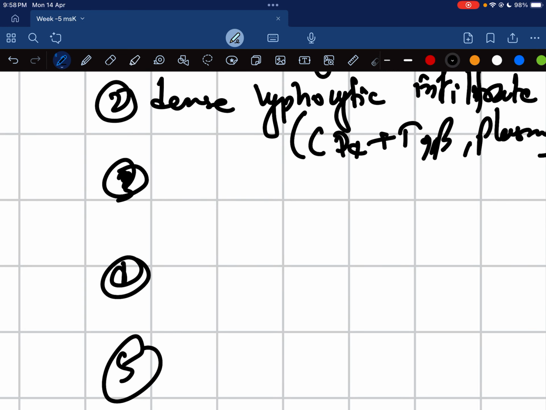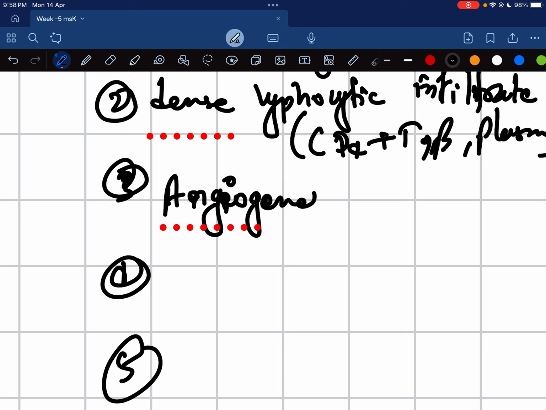There is also angiogenesis, with increased vascularity.